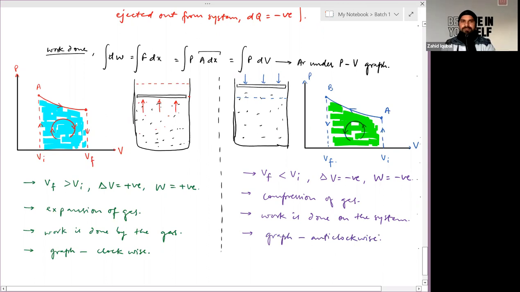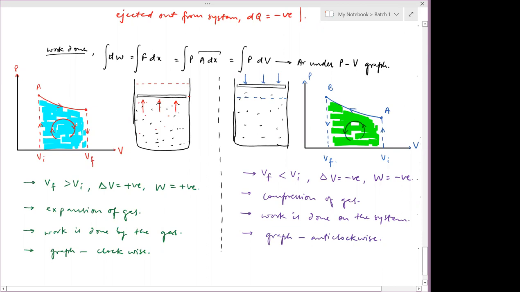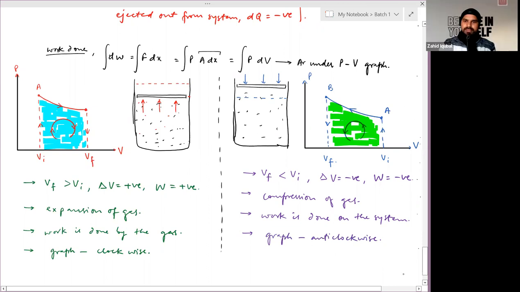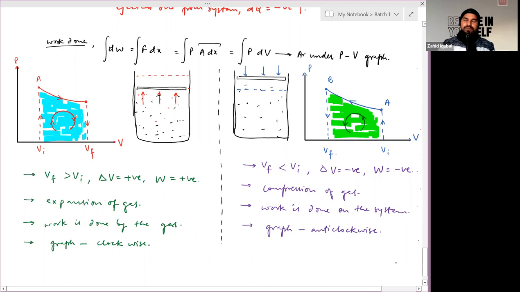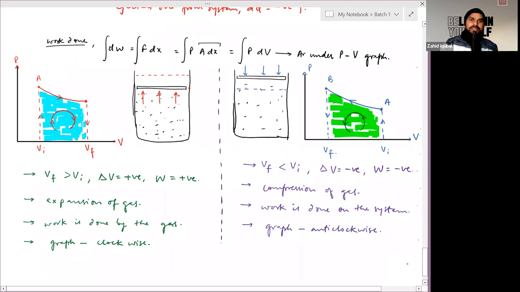Khalid, any doubt? No, sir. Okay, so just remember these different properties related to the work done. Just write it down.